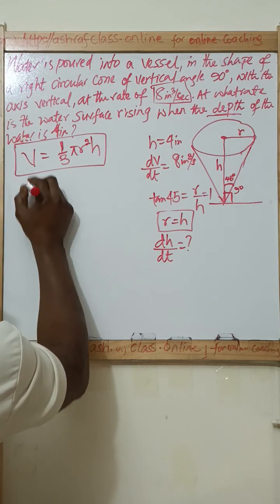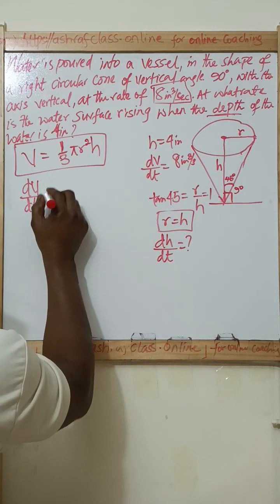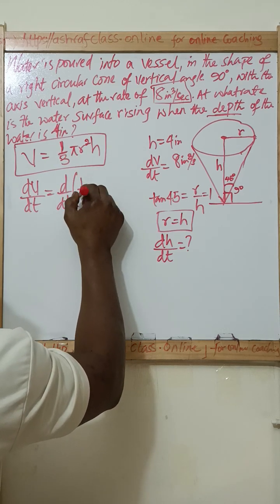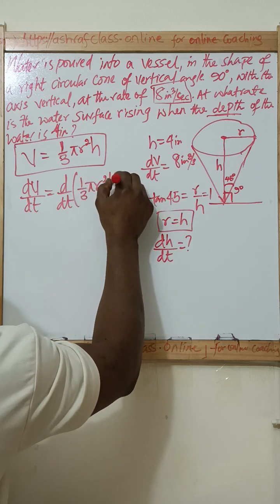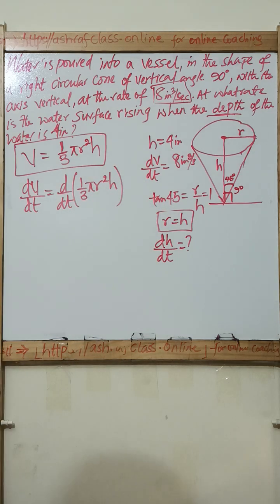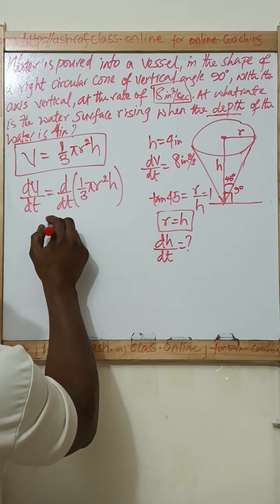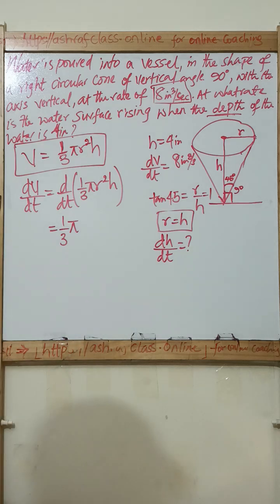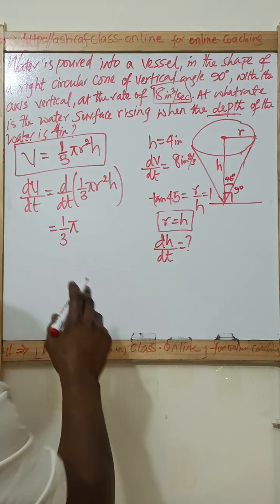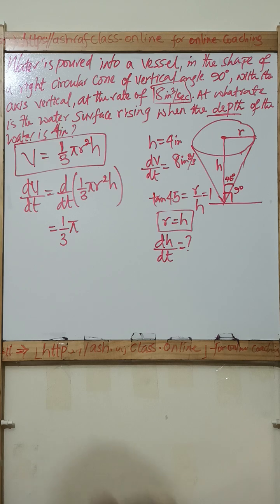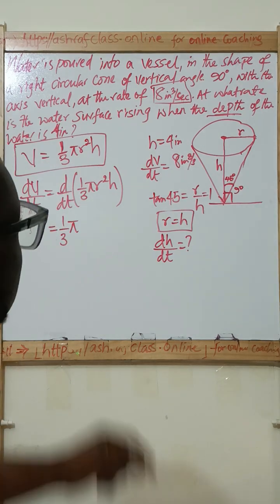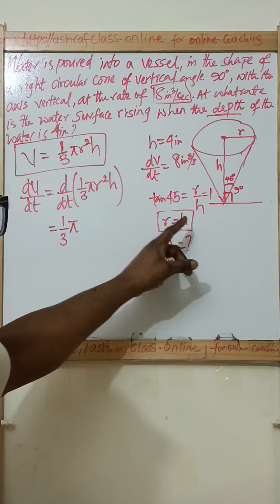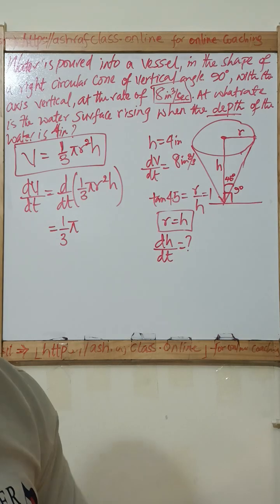This can be dV/dt, and this will also be d/dt of 1 over 3 pi r squared h. These are constants, so we can bring them out of the derivative: 1 over 3 and pi. We want to write it in terms of just one variable, and because r is equal to h, we write everything in terms of h.